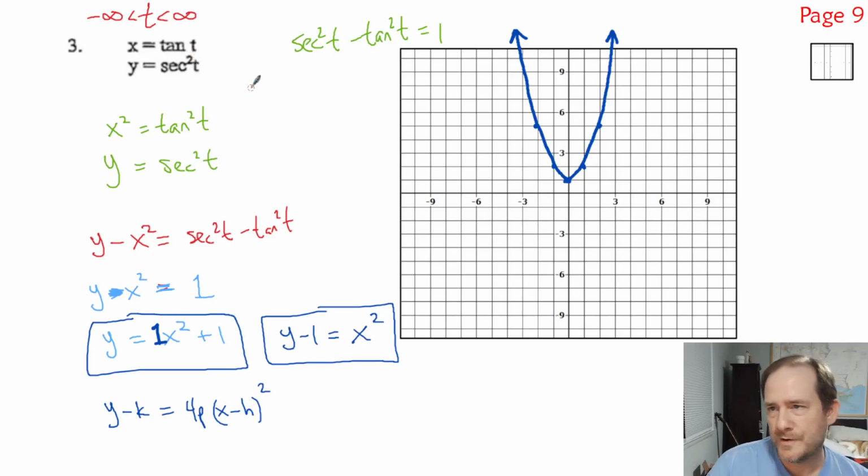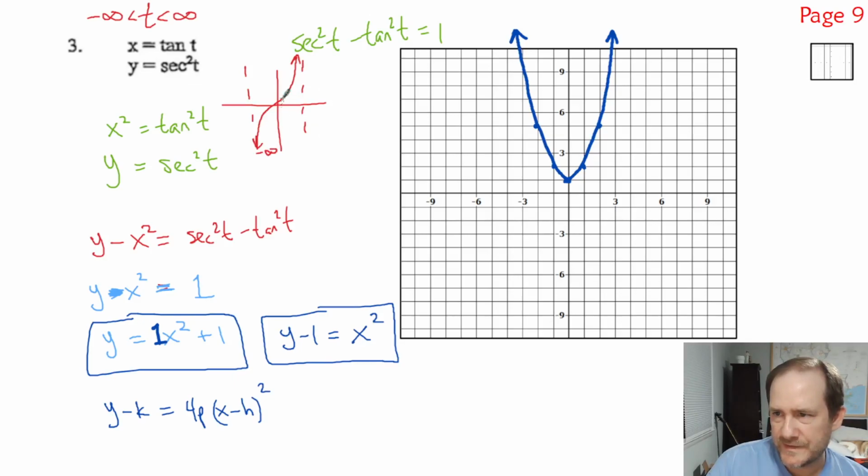Well, no, that won't be a problem, because of course if I were to graph tangent, it goes zoop. And we see that tangent will give me all the outputs from negative infinity up to infinity. So the fact that this graph seems to have a domain of all reals, I don't have a problem with that. The outputs of tangent are in fact all real, so that seems fine.